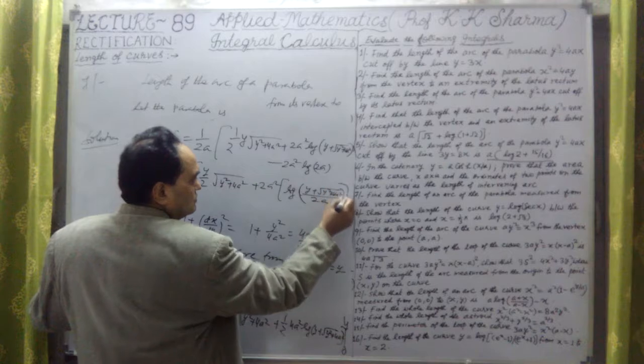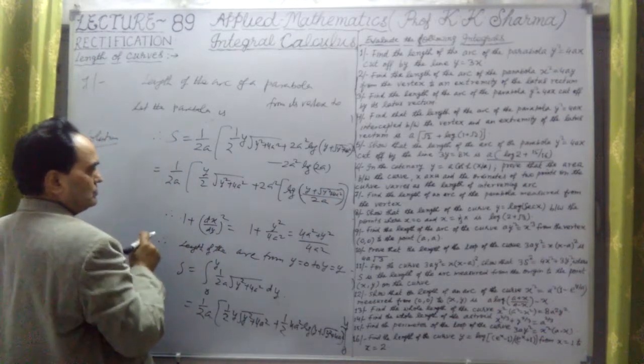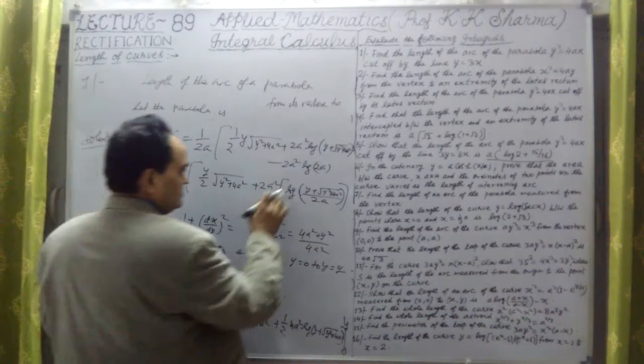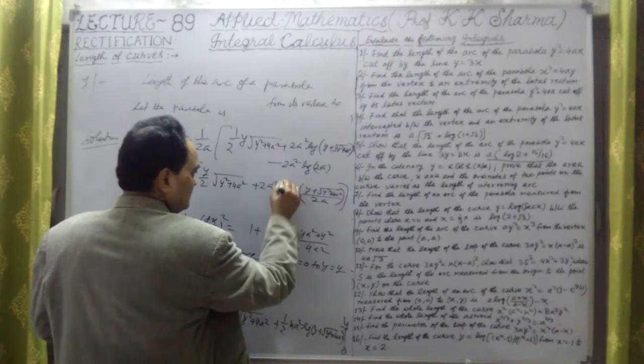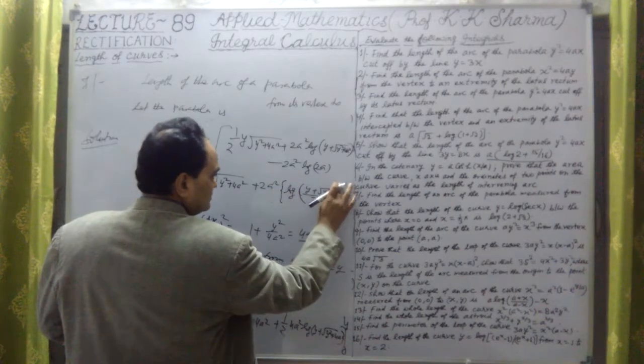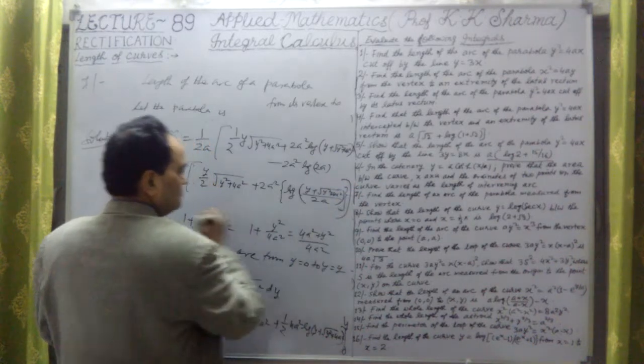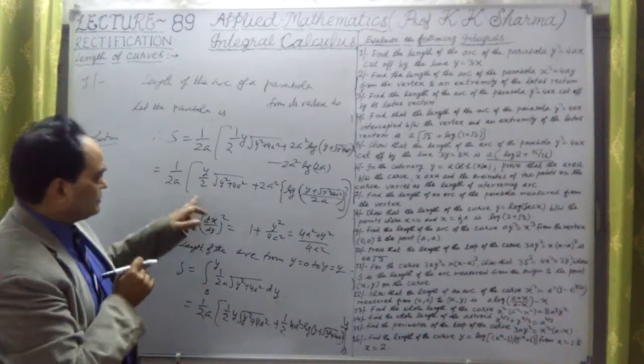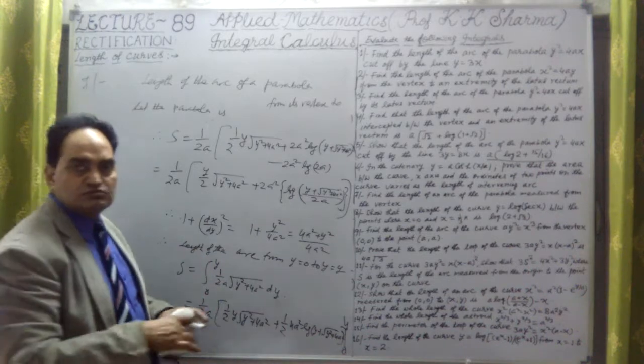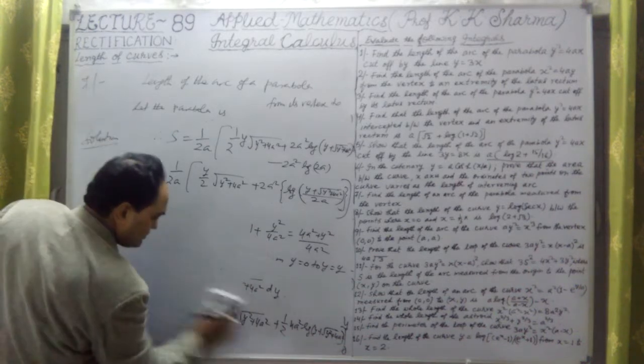This is the value. Okay, and this is the curly bracket, I'm sorry, and this is the curly bracket here, then this is the answer. Final answer is this. This is in terms of the y.